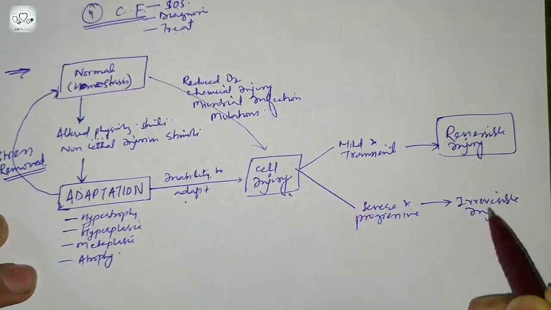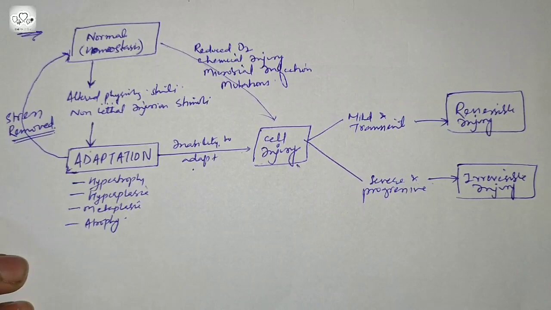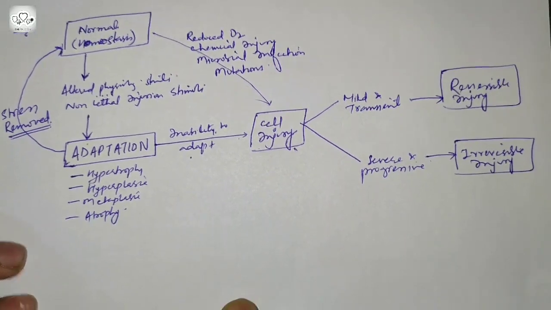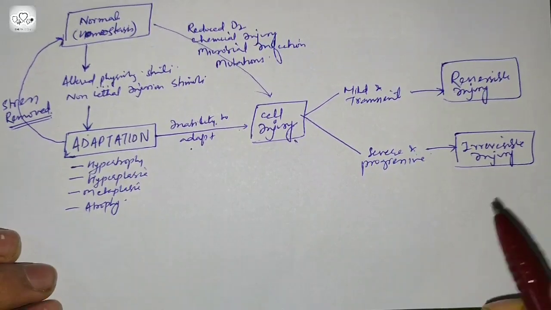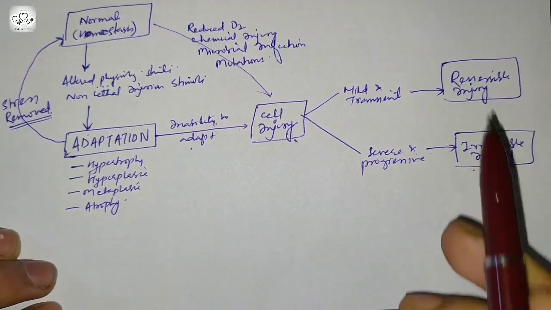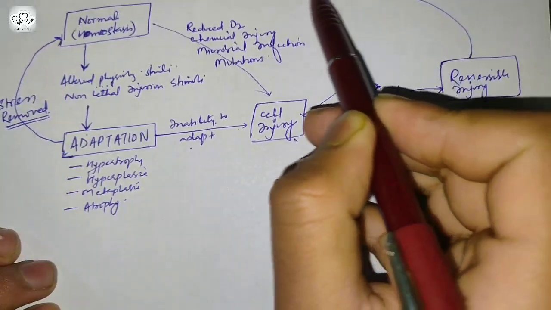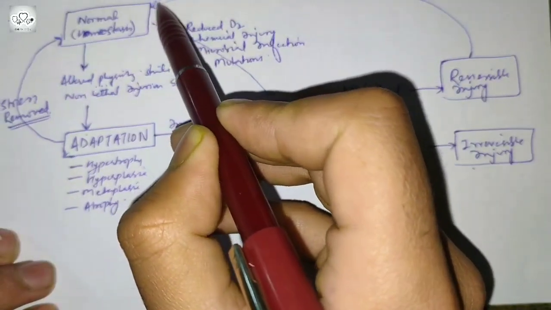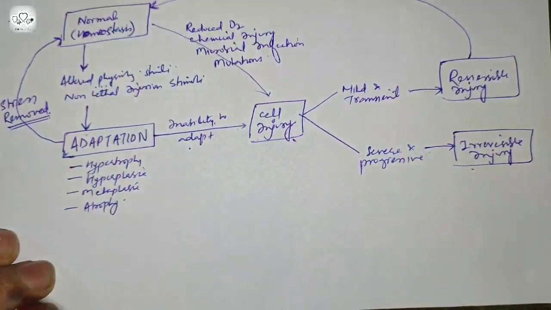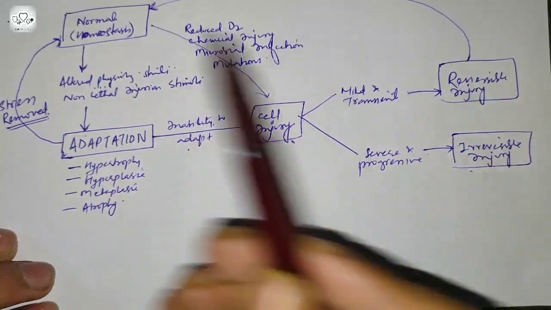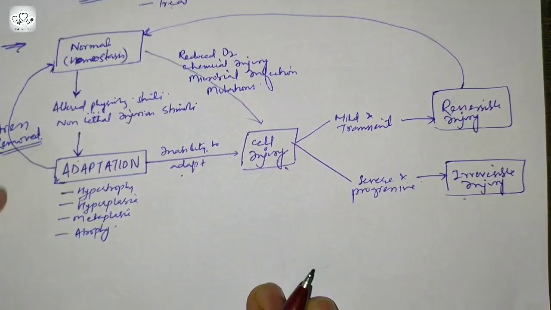This is just basic concepts so that you will be able to easily grasp the broader context of general pathology. All right. And in reversible injury, usually once the stimulus is removed, or once the toxic insults are removed, the cell usually reverts back to normal, or it goes back to homeostasis.